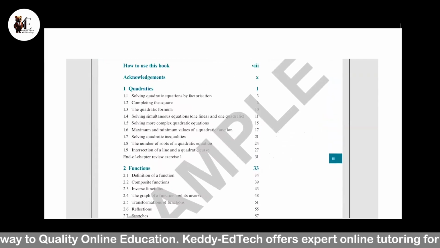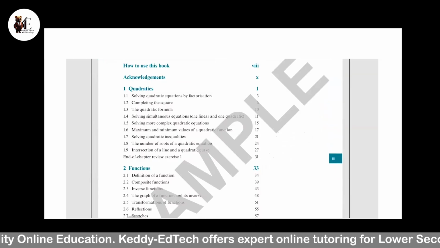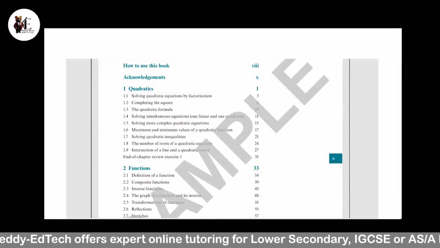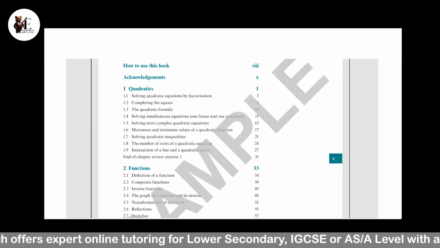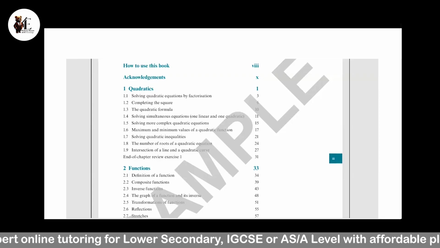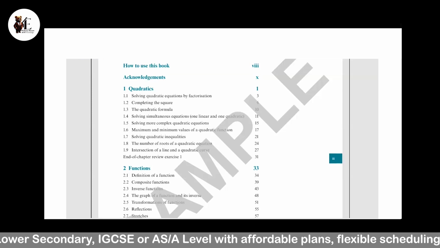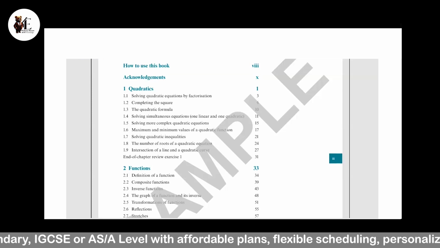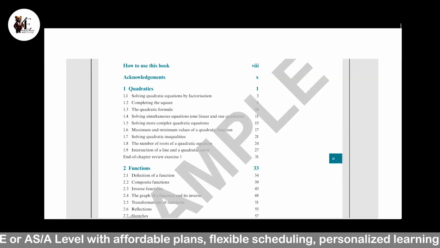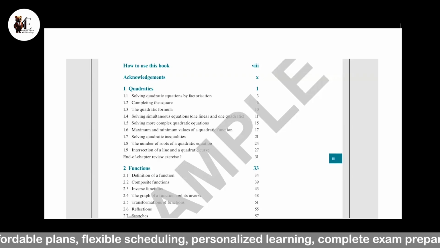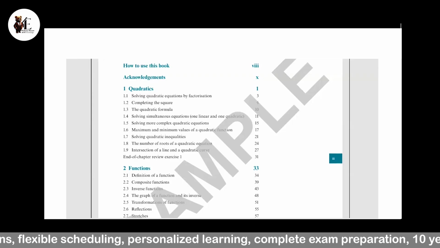I'm not sure what's coming out in the paper. I don't know if all of these things are going to come out, but with Cambridge, you never know, because they just tell you to learn everything, and whatever comes out in the paper comes out. So do you have a set target that I have to score so many marks in the examination?